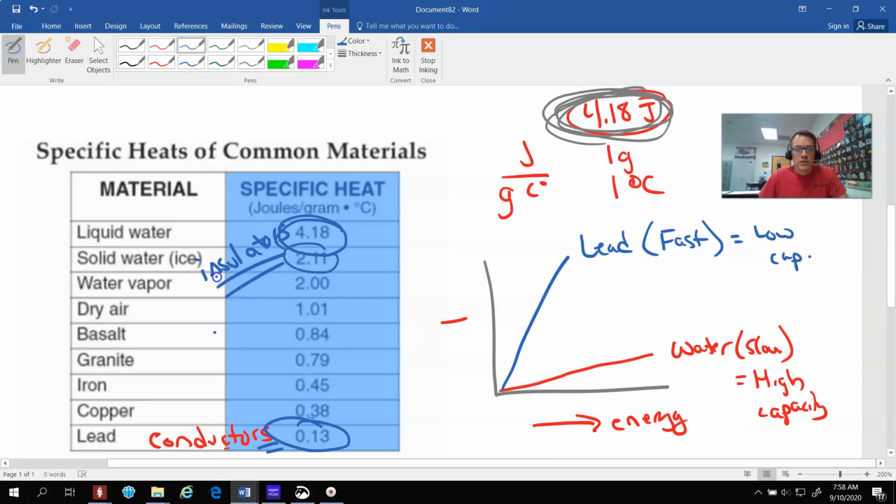So sometimes we can just get an idea, relatively speaking, of what might have a higher heat capacity just by touching something. Oftentimes if we touch something and it feels cold to our touch, now if you bring something out of the refrigerator, that's different, but at just a normal room temperature, if we're touching two different things, oftentimes if something's a conductor, it's going to feel possibly colder to our touch, whereas something that's more of an insulator is going to feel warmer to our touch.